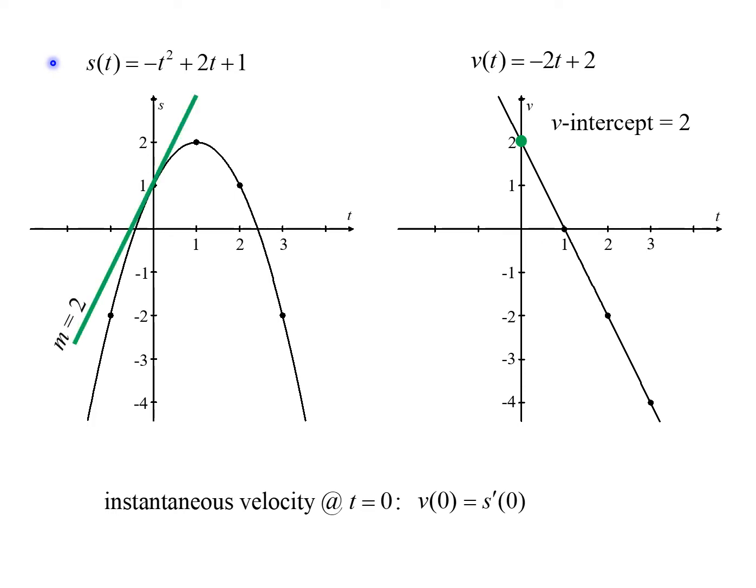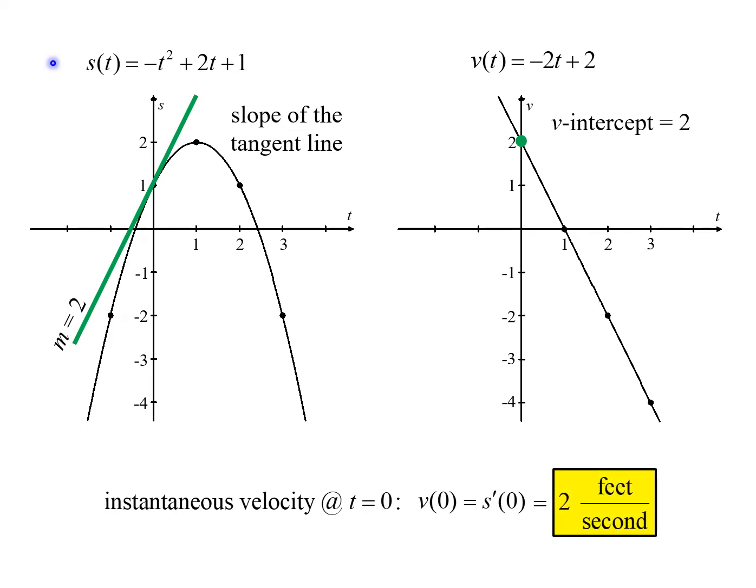So there is the tangent line, which has slope 2. So the answer to the question, what is the instantaneous velocity at time 0? We have 2 feet per second. And so we looked at it from the point of the velocity graph and from the point of the position graph, but it gave us the same answer, the answer 2.